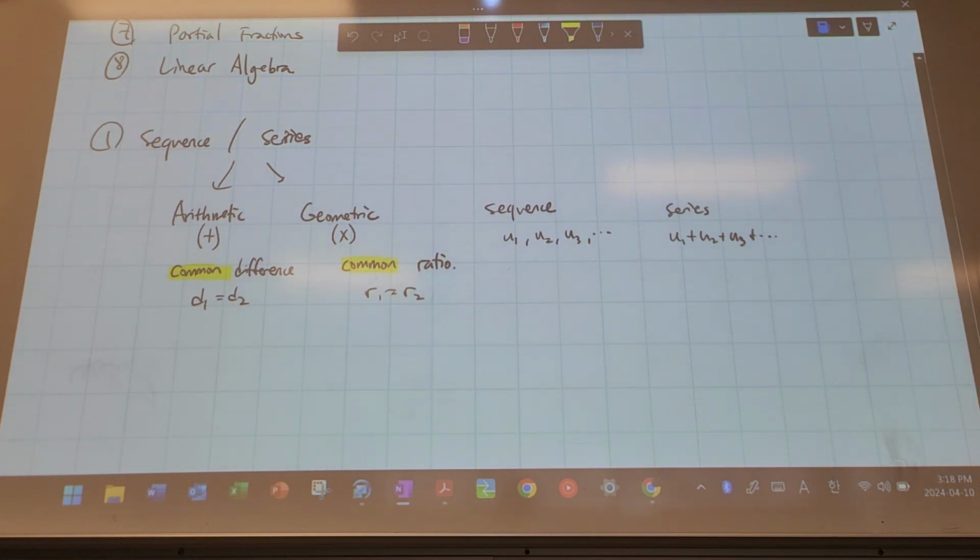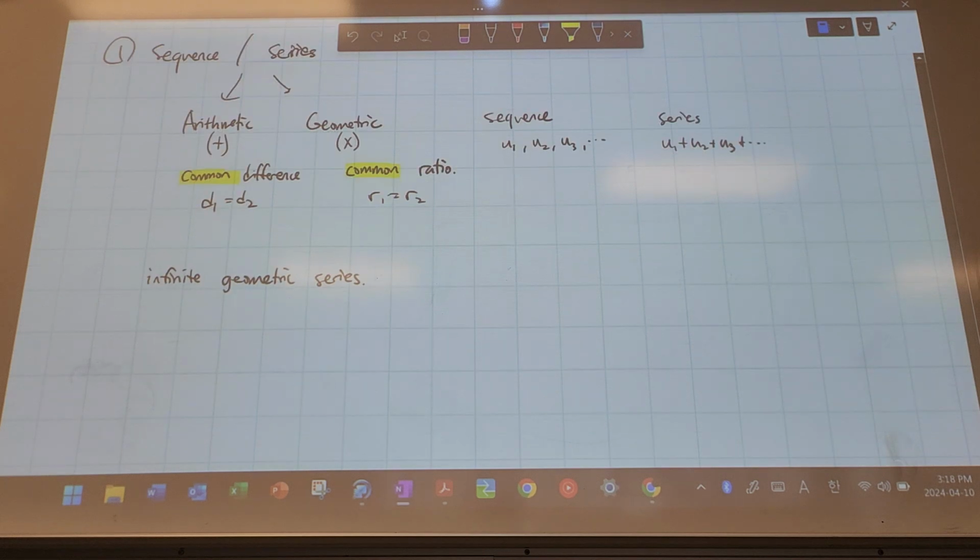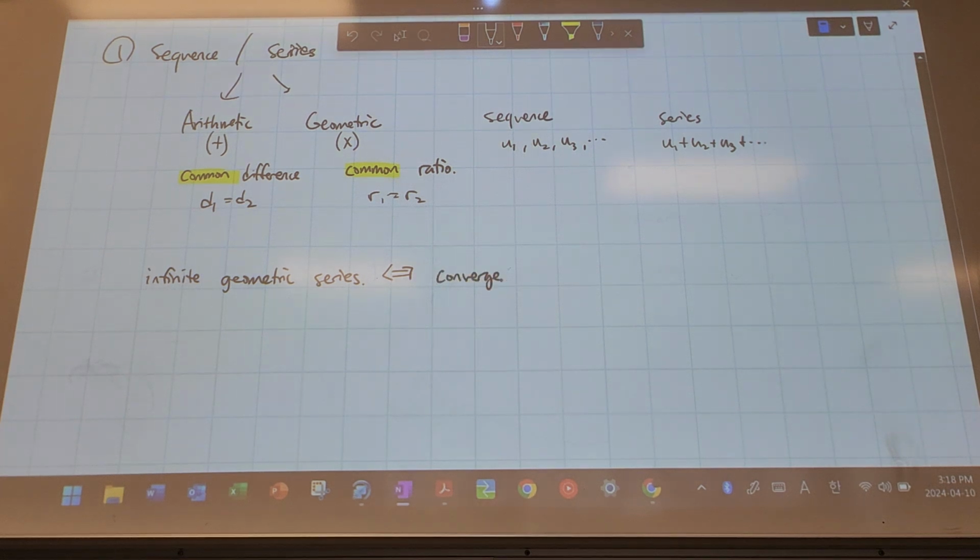One more thing that I think most people forget, especially in the geometric series, is about the infinite geometric series. By the way, a synonymous term for the infinite geometric series is convergence.